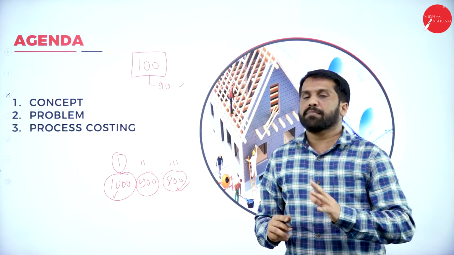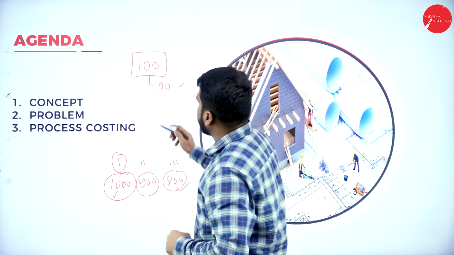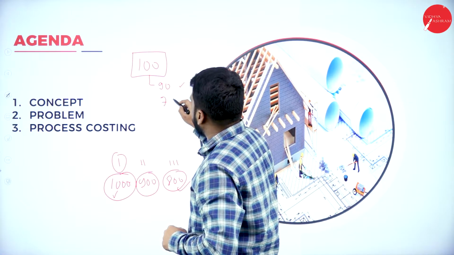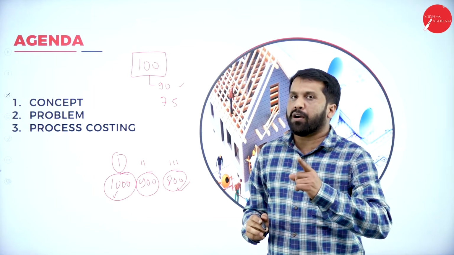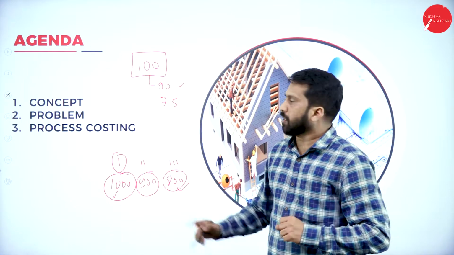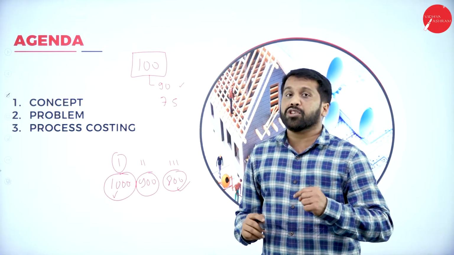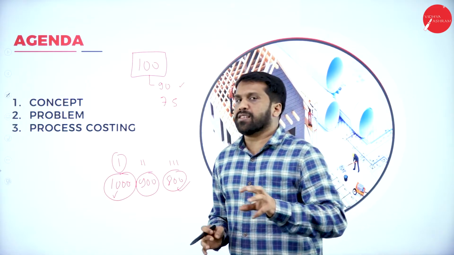But once you got your result, your marks was 75. Again, I'll repeat. Your paper is for how many marks? 100. What is your expectation? 90. How much did you get? 75.